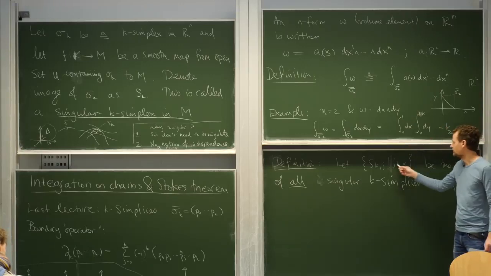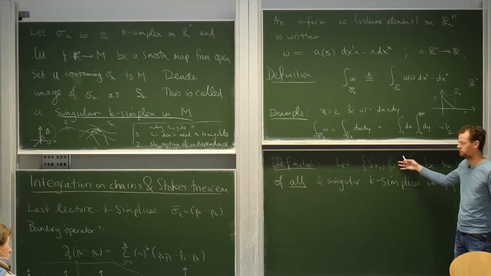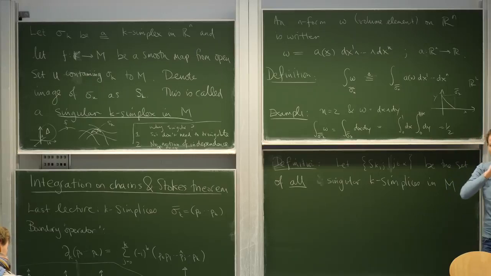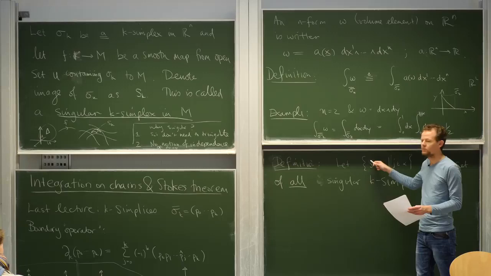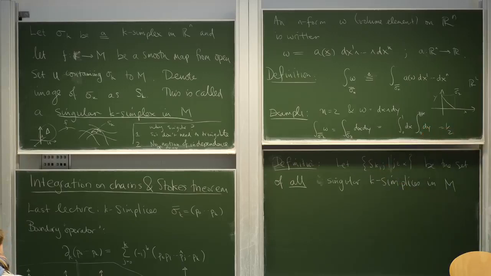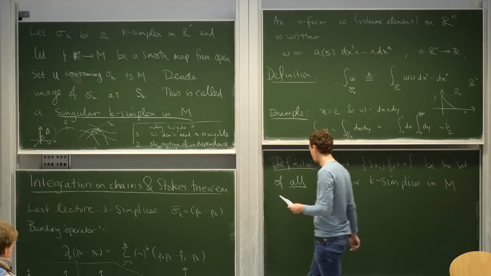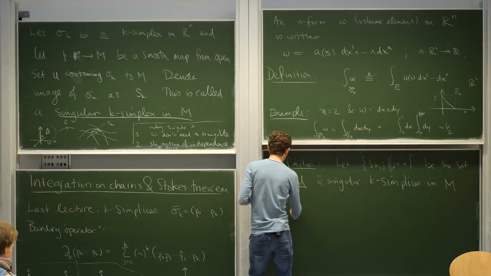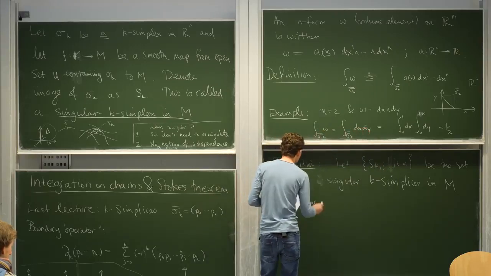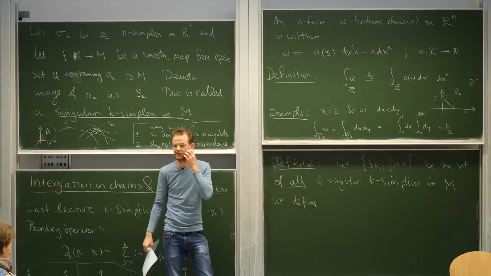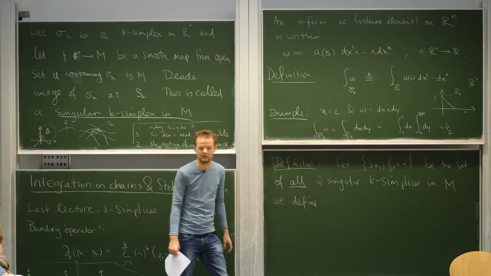This alpha here, j in alpha, I'm just using to denote the set of all k-simplices. Alpha is some indexing set, it's uncountably large. You have to worry about all the coordinates of all the possible images of all the points of this simplex. So it's a very big set. Then we're going to take this very big set and take linear combinations of things from this very big set.